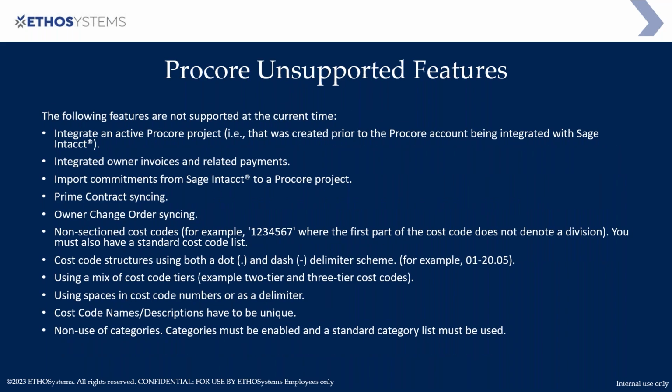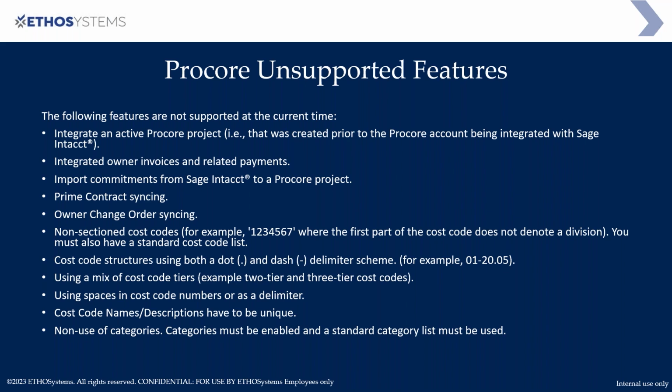All right, unsupported features. So this is something that we do get a little pushback on once people have the integration, is not really understanding what is not supported through the integration. So just to highlight here, for active Procore projects, the integration is really designed best to work with brand new projects after you're connected with Sage Intacct.